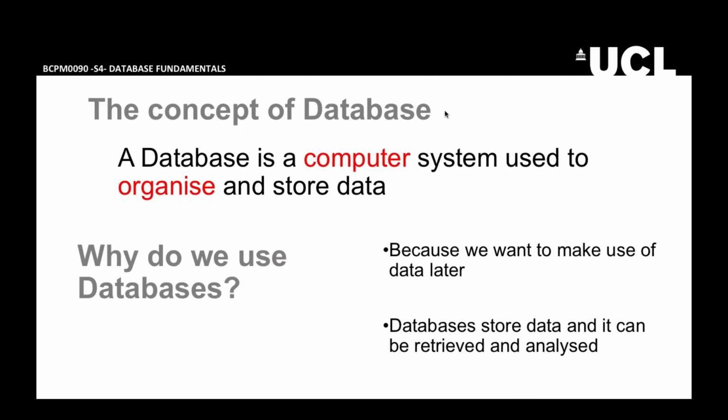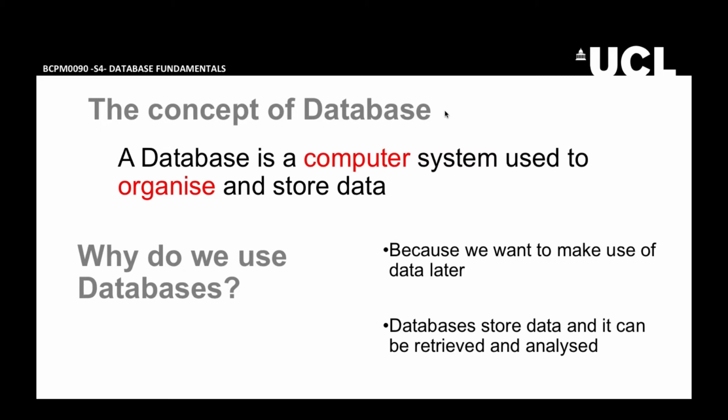So the definition that we have now, a database is a computer system used to organize and store data, is good enough. But the following question is, why do we use databases? What is the reason because we need databases? Basically, we are storing data because at some point we want to make use of this data. So at the end of the day, databases store data that must be retrieved and analyzed later on.